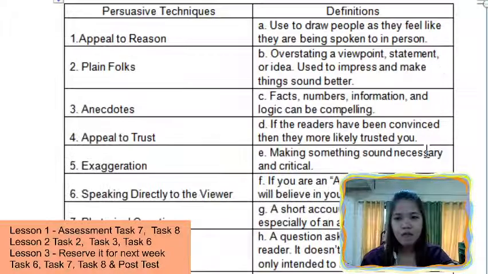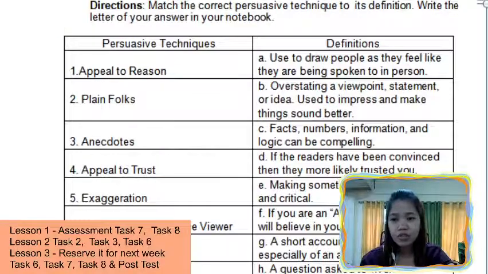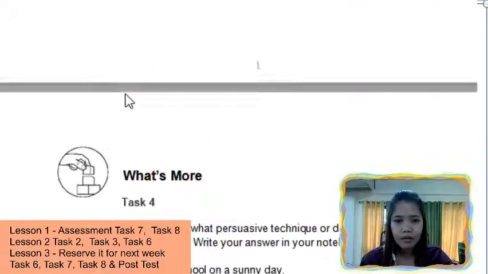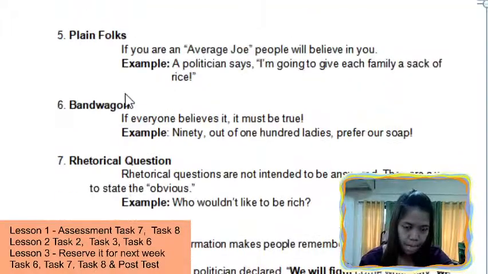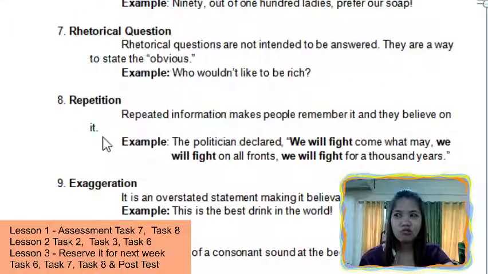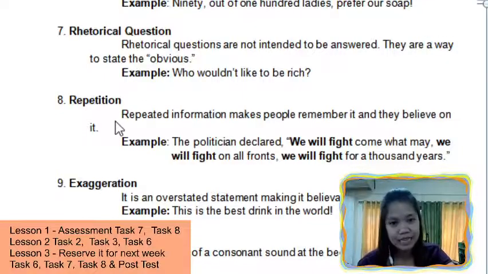Okay? If you want to appeal to not appeal to trust. If you want to have repetition, then you choose what word you're going to repeat. Choose a word which you're going to repeat in a sentence for emphasis.